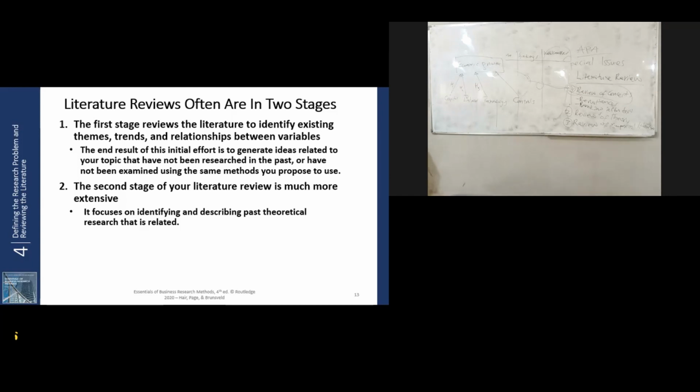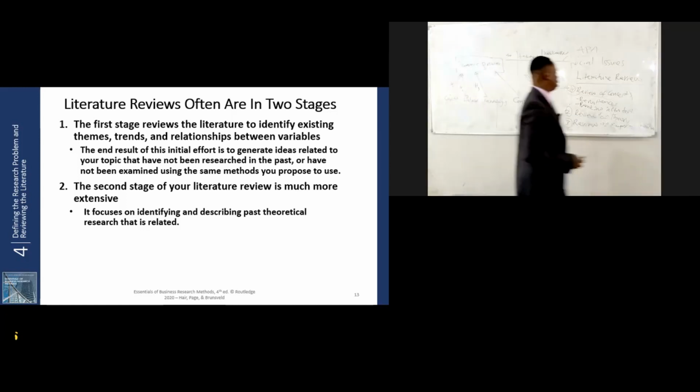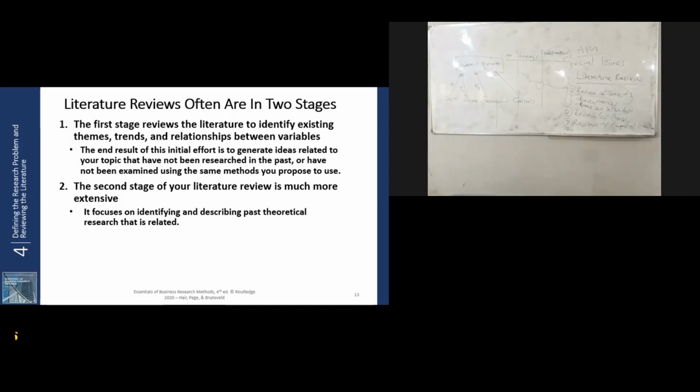So this is a simple conceptual framework. We also have theoretical framework, but I will not come to that as yet, just for us to follow the logic in what we talk about.